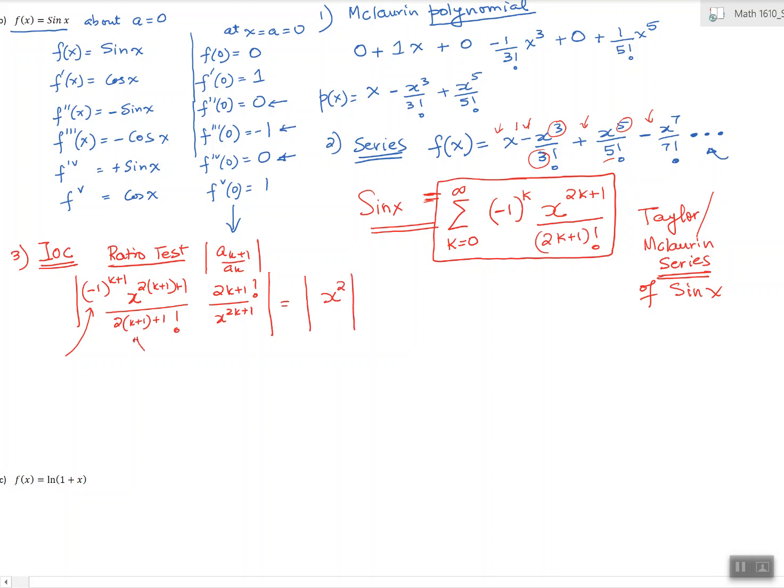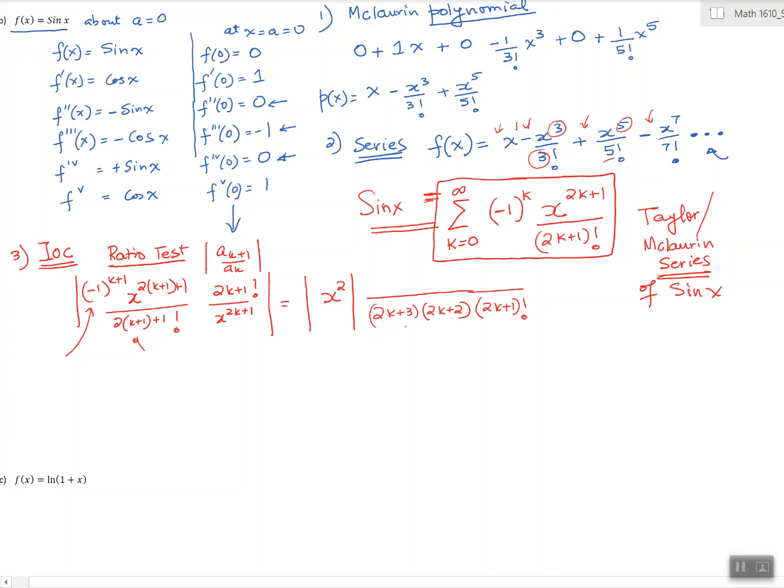Now let's look at the factorial. So I have 2k plus 2 plus 1, so that's 2k plus 3. So in the denominator I'm going to have 2k plus 3 times 2k plus 2 times 2k plus 1 factorial. So this is the recursion of 2k plus 3 factorial.